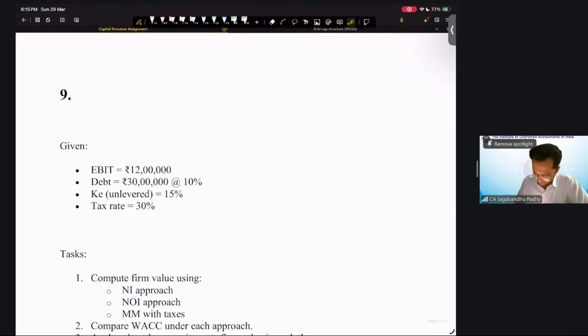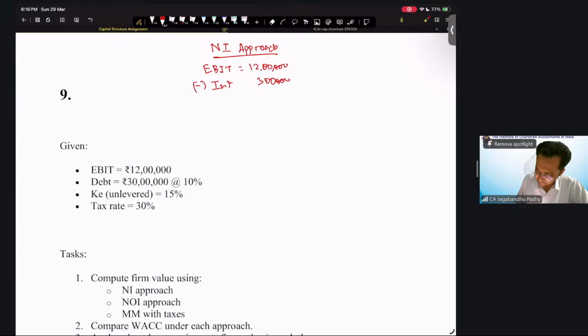Fine. So let us first talk of the net income approach. Under the net income approach, we have the EBIT number. EBIT is 12 lakh. Of course, from that we are going to subtract the interest, which is 3 lakhs.